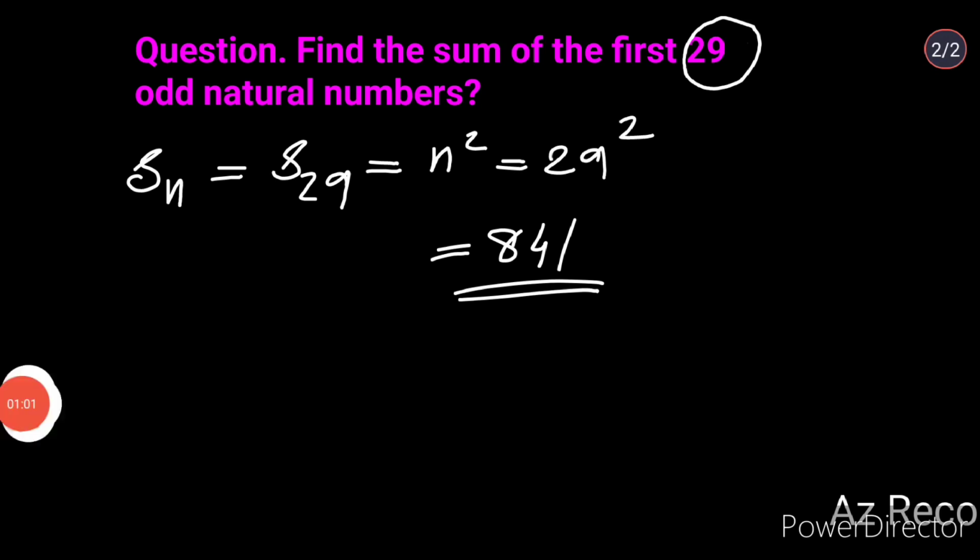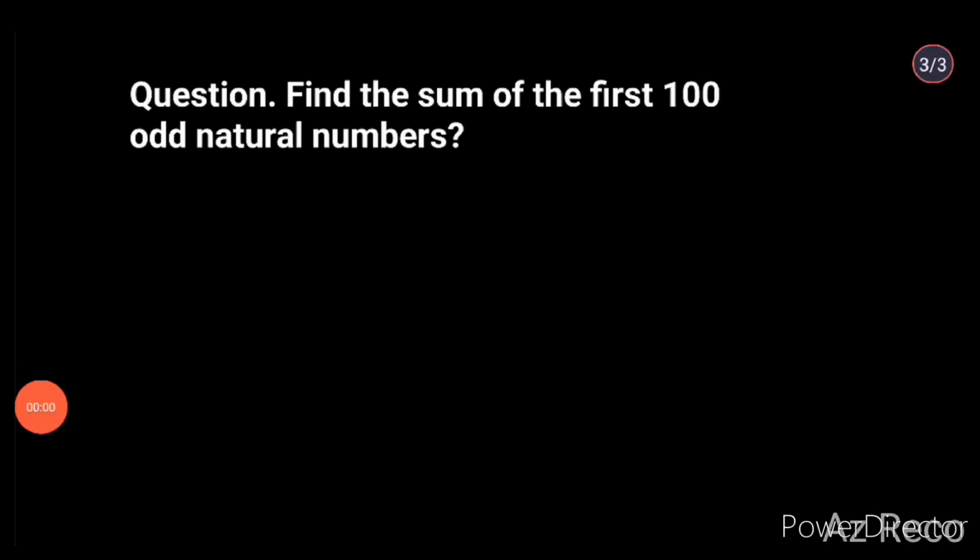Okay, next question. Here is your third question. Find the sum of the first 100 odd natural numbers. The question is very clear. You have to find the sum of 100 odd natural numbers from the beginning. Sn, the formula is n squared.